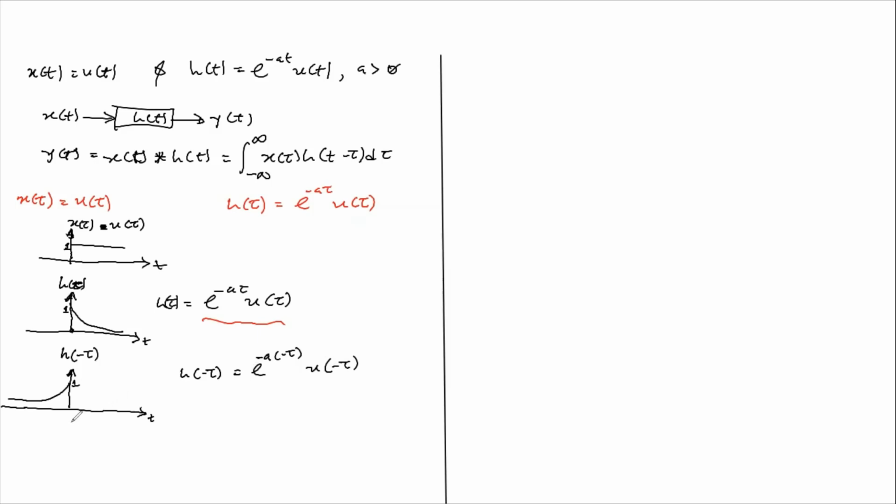Okay. Now the next thing to do here is to investigate, or better still solve for, the time shifted version. That would be h of minus tau, minus t.